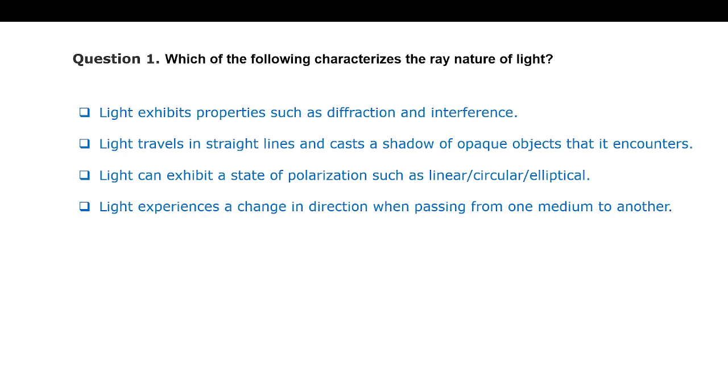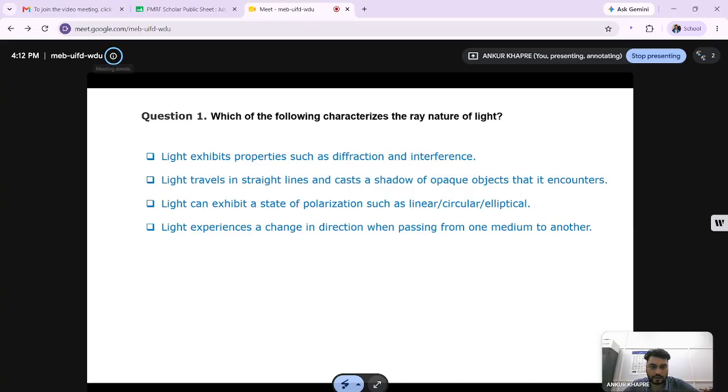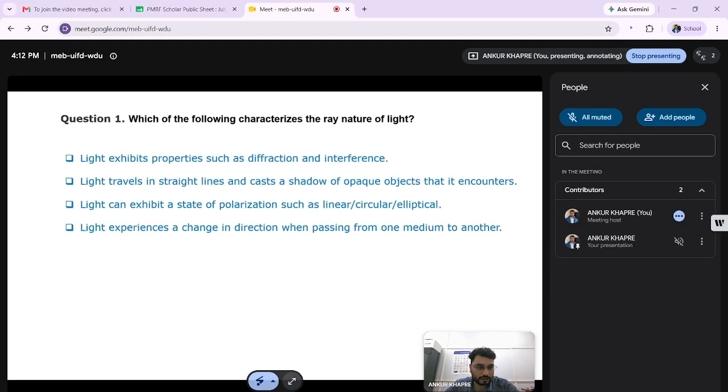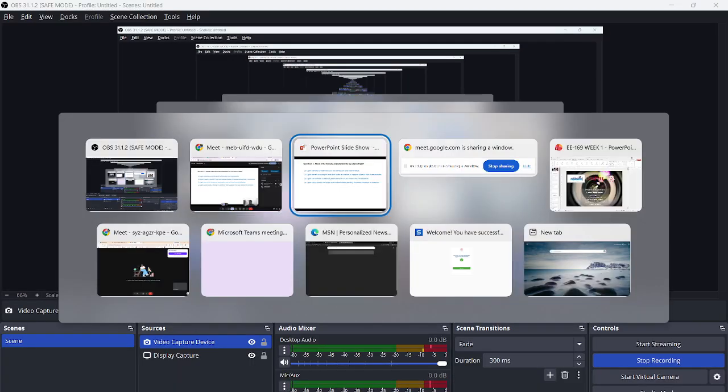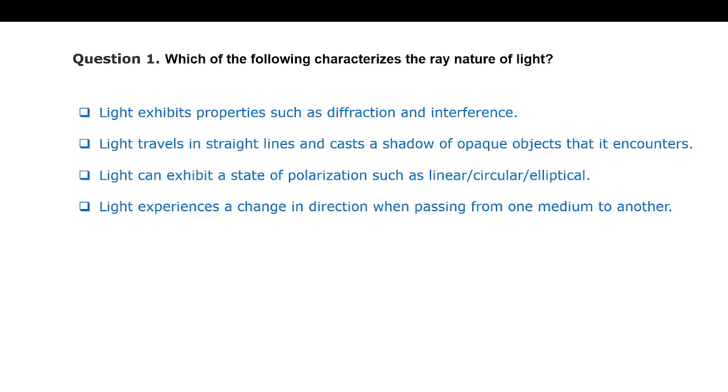So for this question, the options given are: light exhibits properties such as diffraction and interference. The second option is light travels in a straight line and casts a shadow of opaque objects that it encounters.